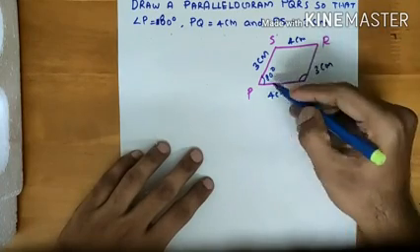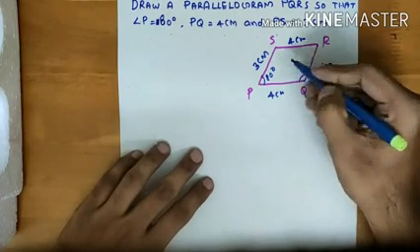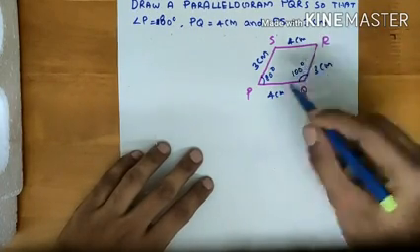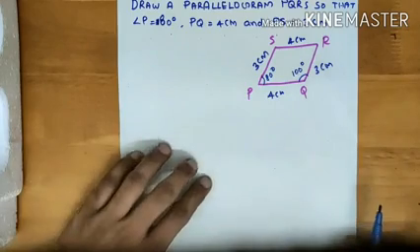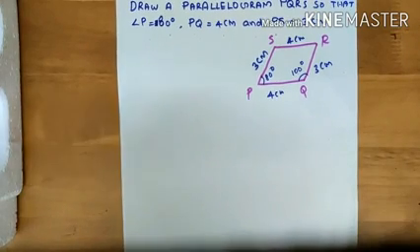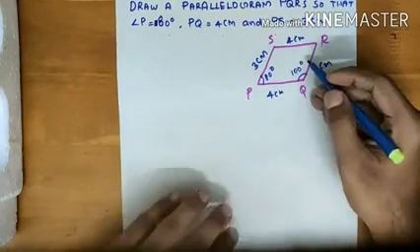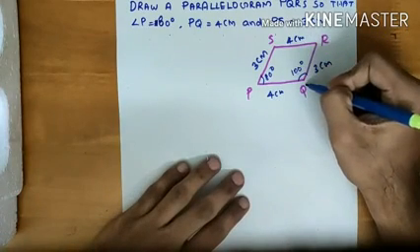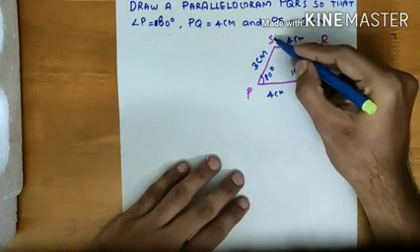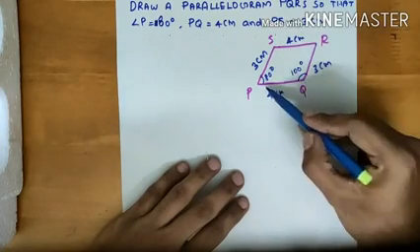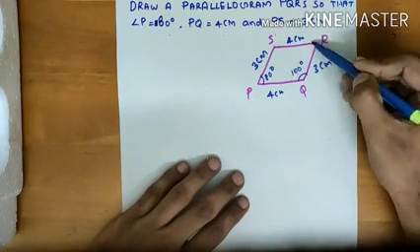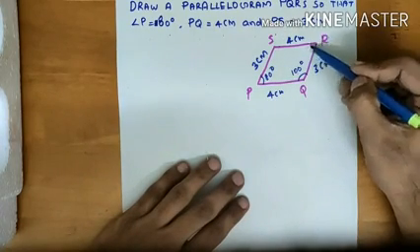Angle P equal to 80 degree, so angle Q equal to 100 degree. So 80 plus 100 equal to 180 degree. And if Q equal to 100, then you can also find S. It is also 100 degree. If P equal to 80, then the opposite angle R equal to 80 degree.